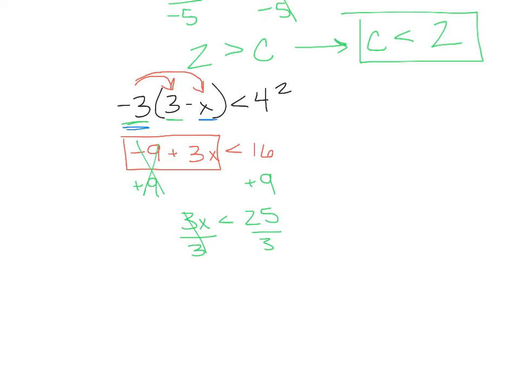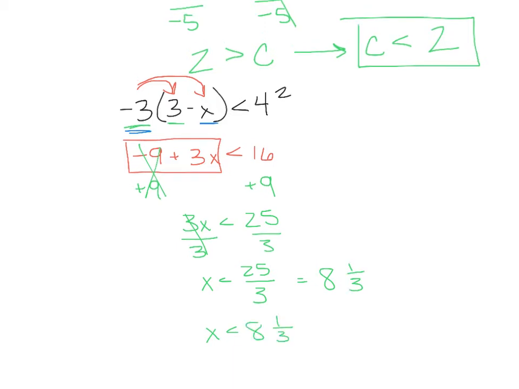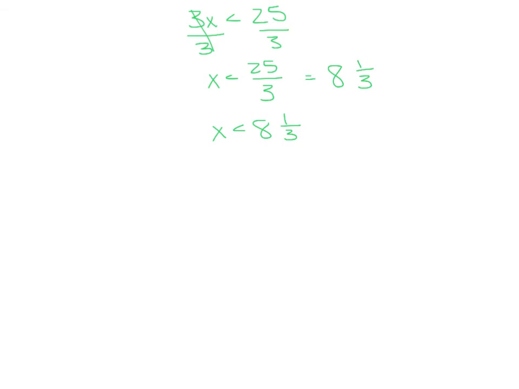Now, if you have to graph this, 25 divided by 3 doesn't really give you a good idea where to put that on your number line. So when you have to graph it, you could say it is 8 1/3, and that'll give you some idea of where you should put that on your number line. So a little past 8, not quite 8 1/2.